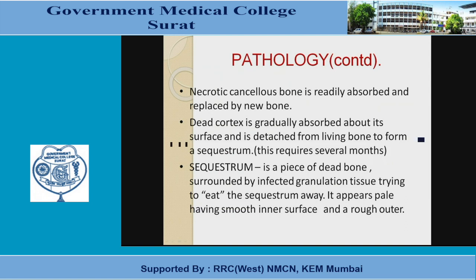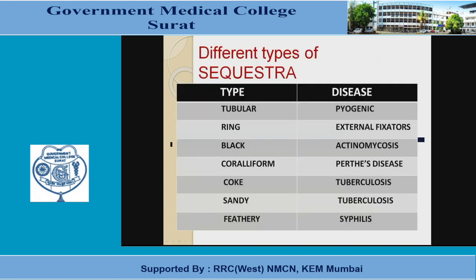What is a sequestrum? It is a piece of dead necrotic bone surrounded by infected granulation tissue trying to eat the sequestrum away. It appears pale, with a smooth inner surface and a rough outer surface, because the outer surface is surrounded by granulation tissue. These are the different types of sequestra.